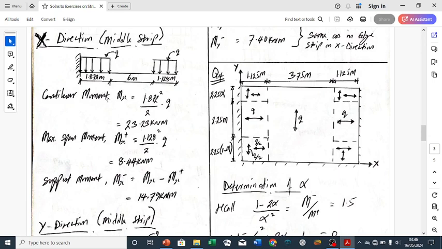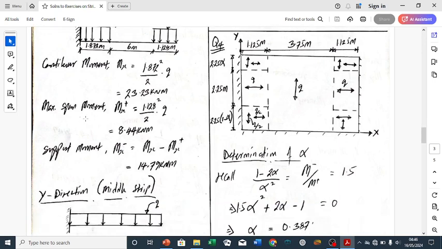Calculate the cantilever moment. When we calculate the cantilever moment, it is Q multiplied by 1.872 multiplied by 1.872 over 2. So that's why we have 1.872 squared over 2 multiplied by Q. So by so doing, we had our cantilever moment to be 23.23.